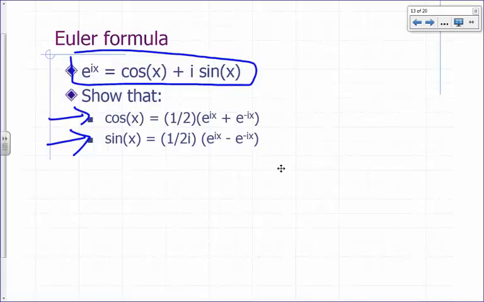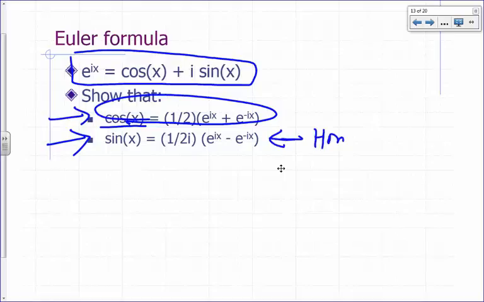So we'll get to that later this semester. But anyway, cosine x can be shown to be 1/2 of e to the ix plus e to the minus ix. I'm going to show this, and then this is going to be your homework. Okay? And starting today, no more late homeworks will be accepted.